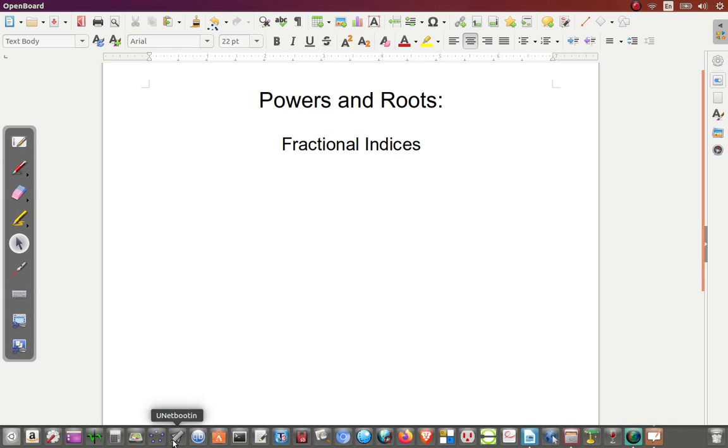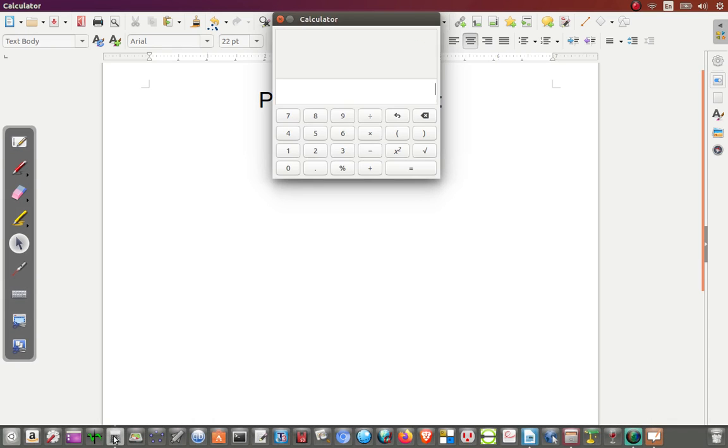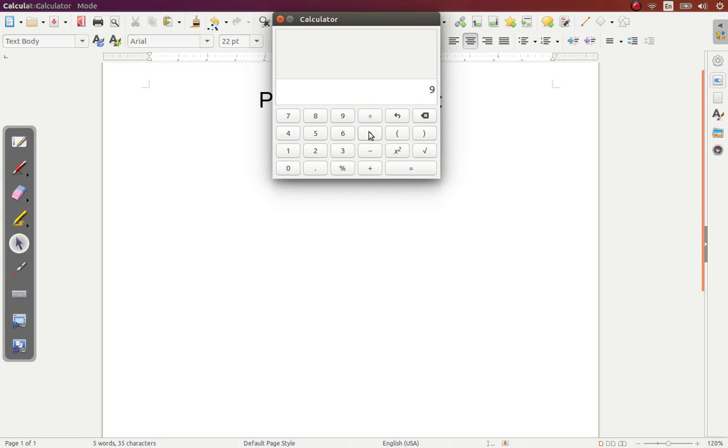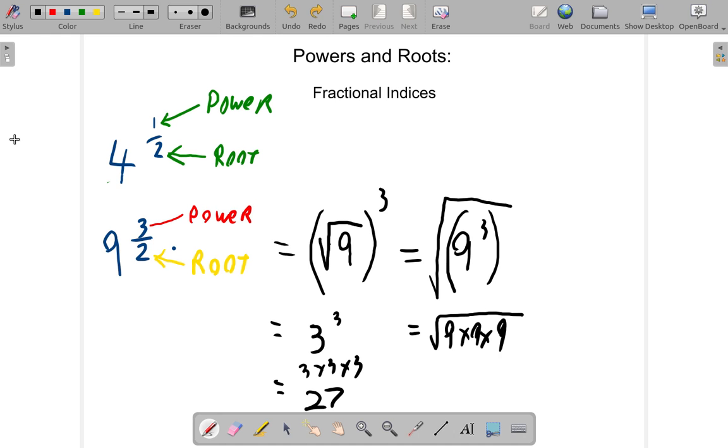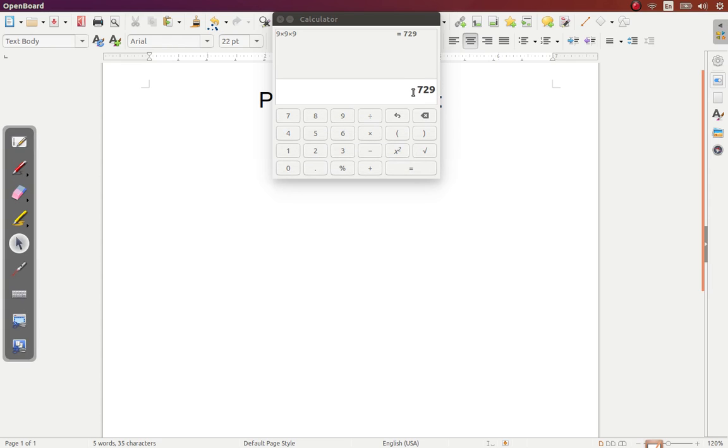My calculator says 9 by 9 by 9 equals 729. So we find the square root of 729, which is 27.